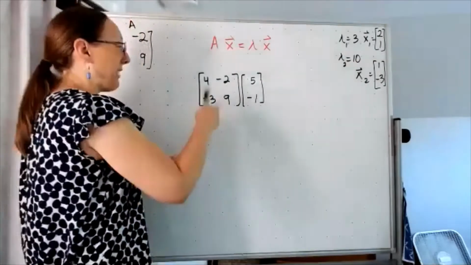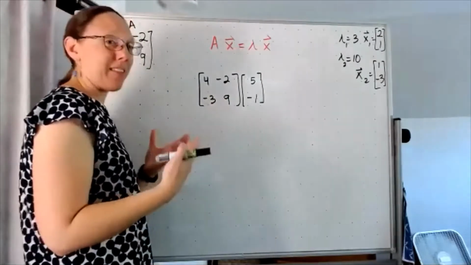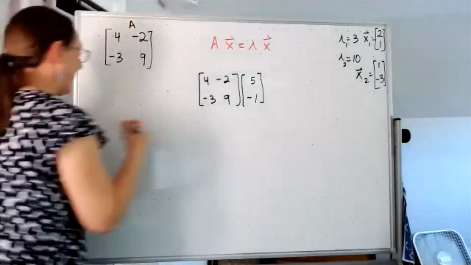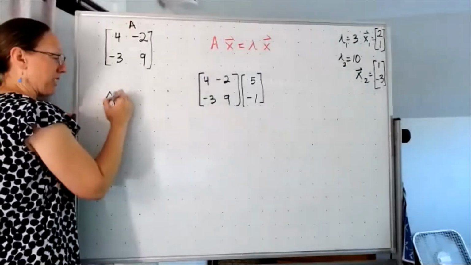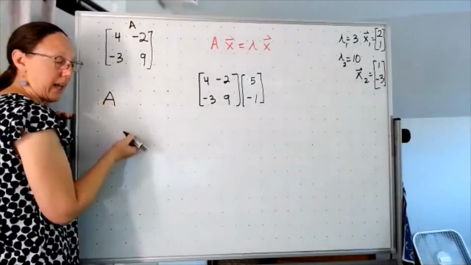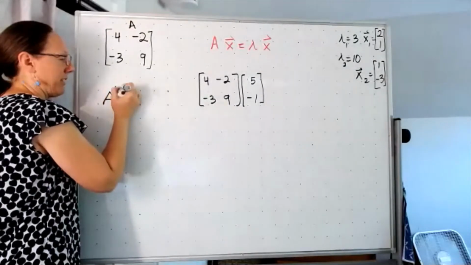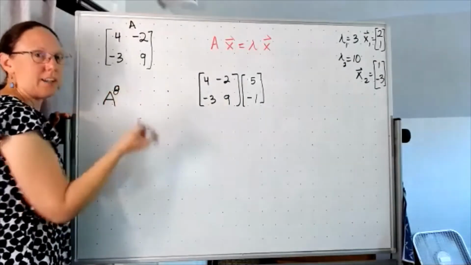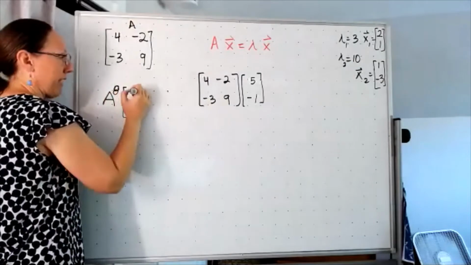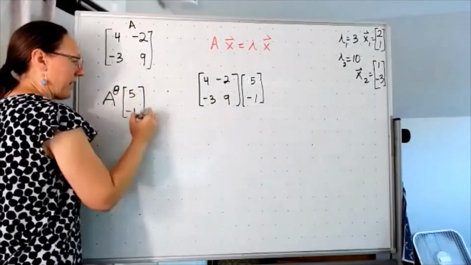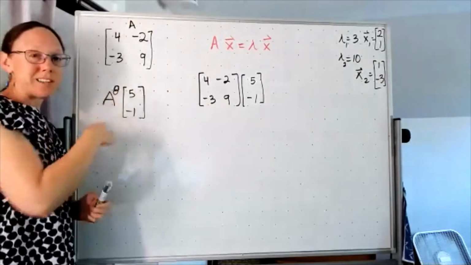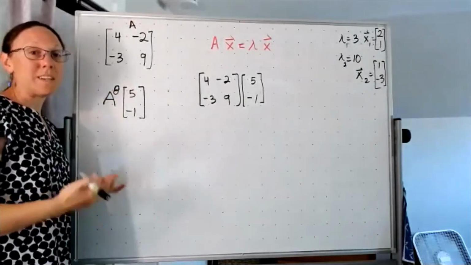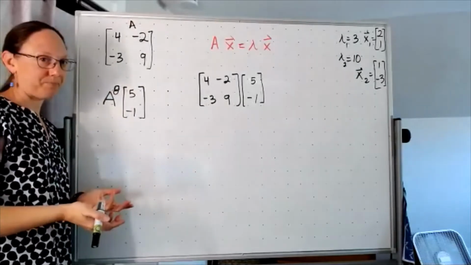But if I actually wanted to do the same kind of thing that we were doing on the previous problem, and take that A matrix to, I don't know, the 400th or even the 8th power times that vector 5, -1, then doing this multiplication out would be super time consuming.